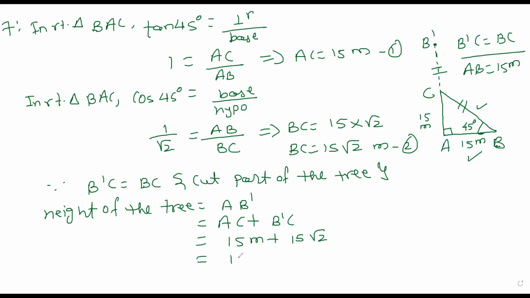Okay, so take 15 common, 1 plus root 2, that is 1.414. You can't rationalize this because it's not a denominator. So take 2.414, you get 15 multiplied by 2.414, and now tell me the height. It will come in decimals.